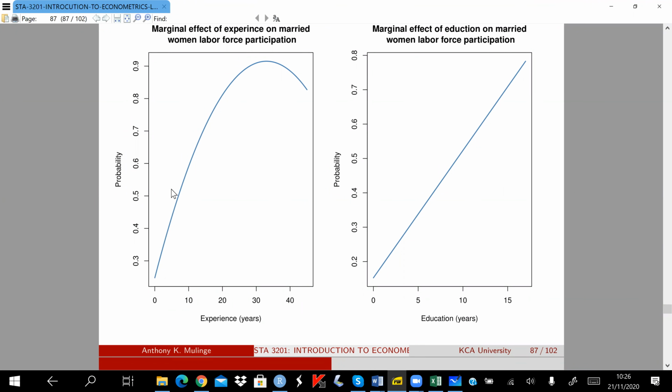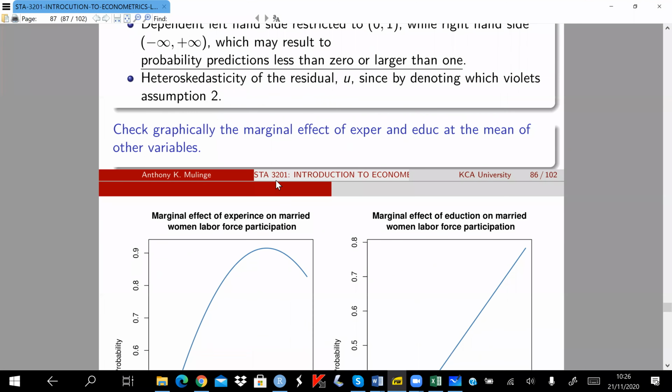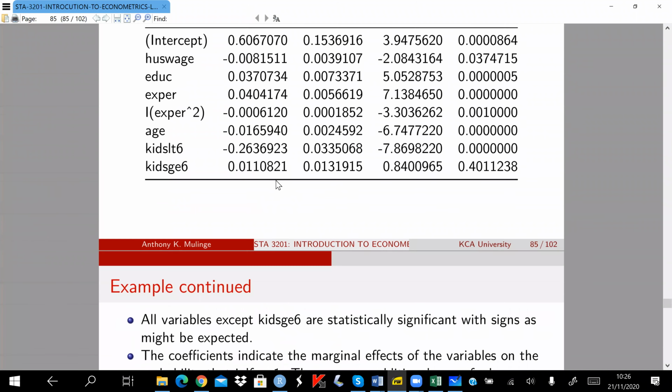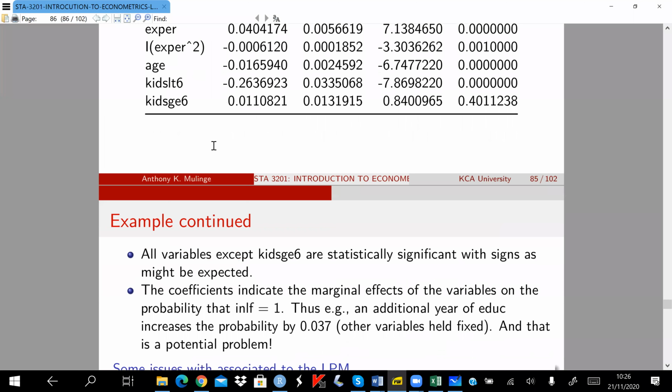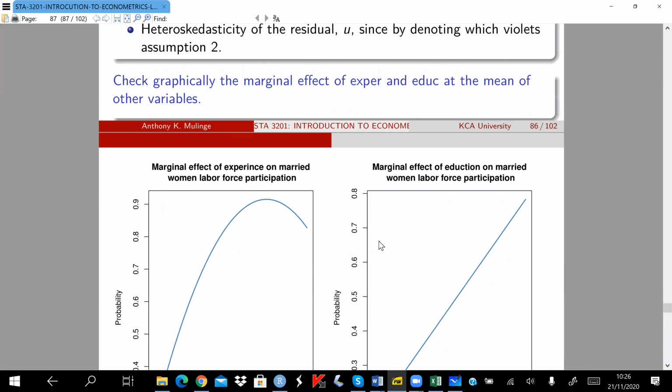You see that this curve is quadratic, because we specified a quadratic curve up here. As we have experience, then we have experience squared, so that's why the curve is making a turn. Education gives us a straight line because this is just a linear relationship between education and the probability of women's participation.